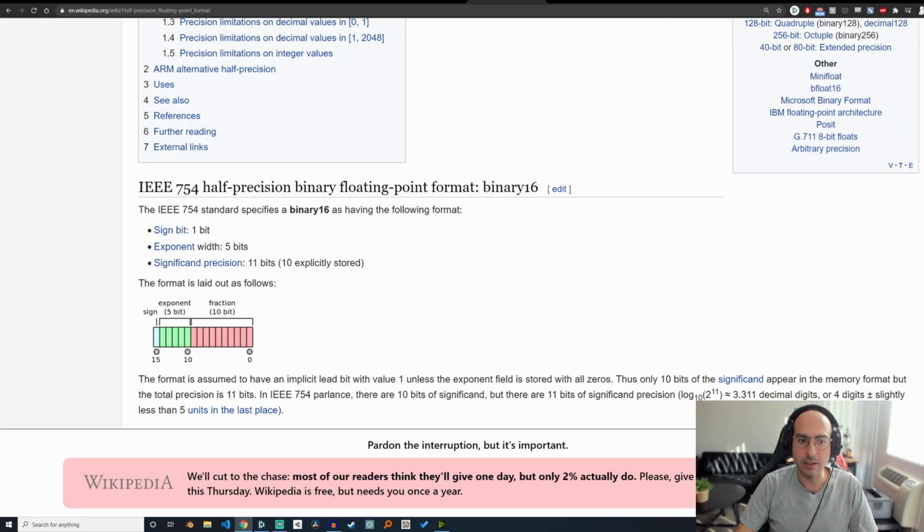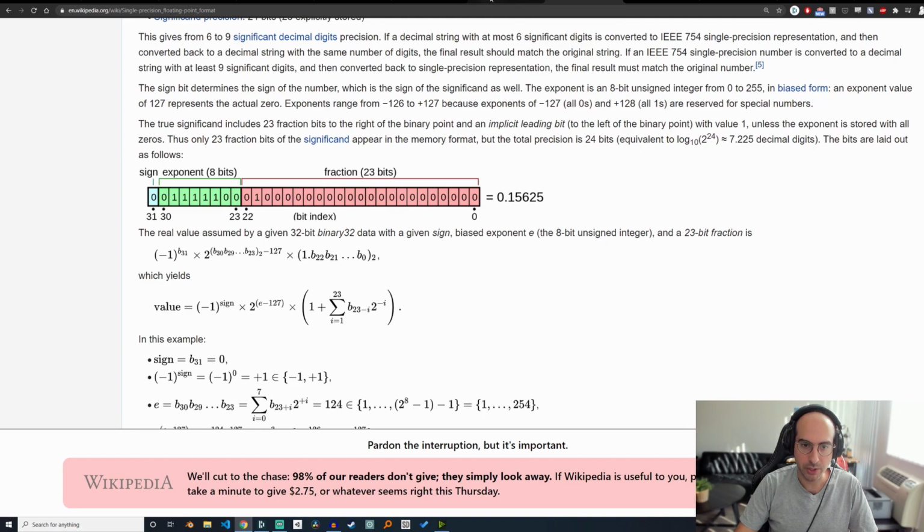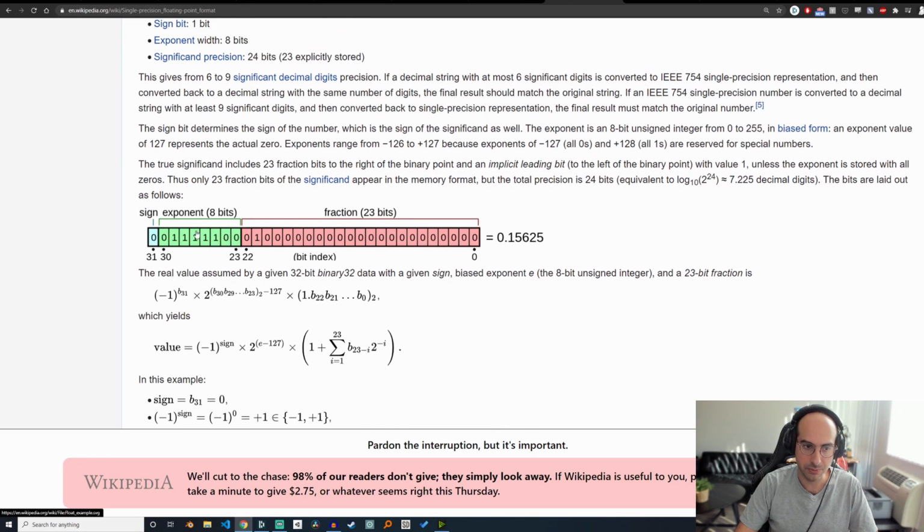When you talk about floating point precision, let's say this is a float32, for example, you'll have 8 bits dedicated to the exponent and 23 bits dedicated to the fraction. This is really important when you think of something like scientific computing, where measurement error matters and you need to be really precise. But in machine learning, typically we don't really care.